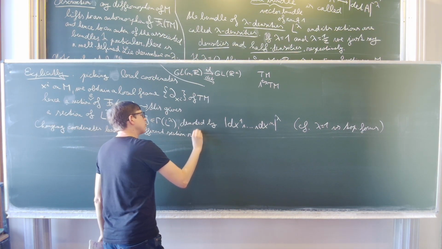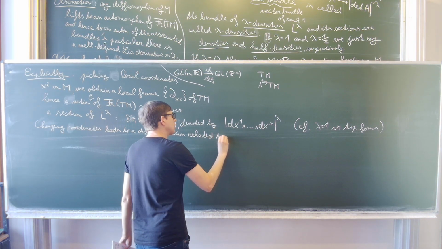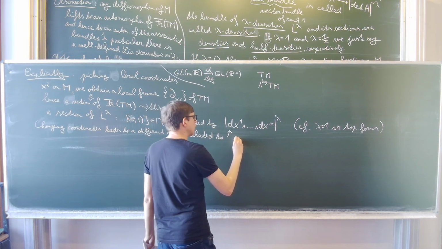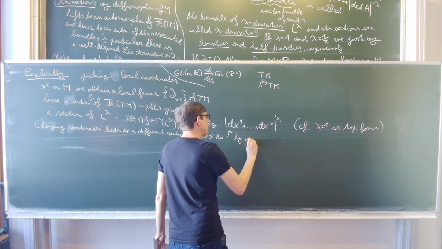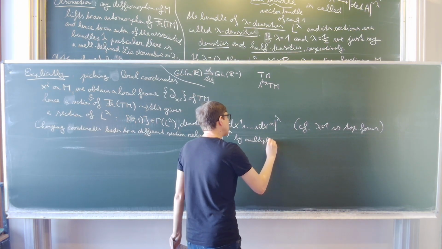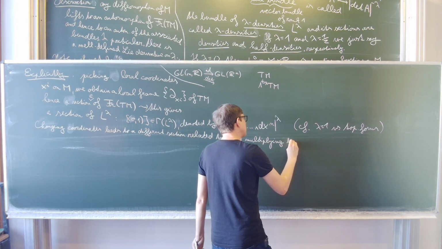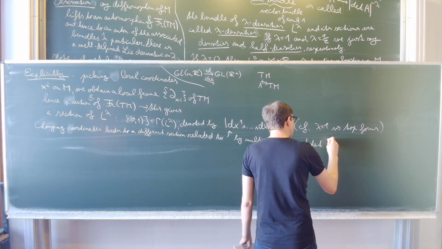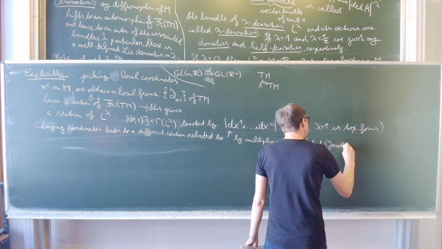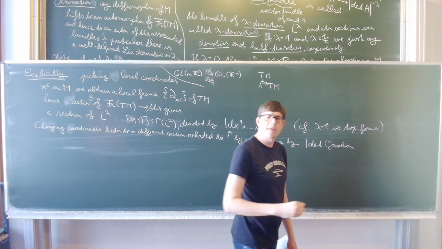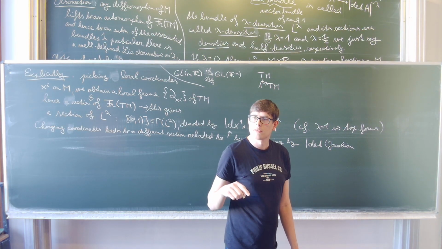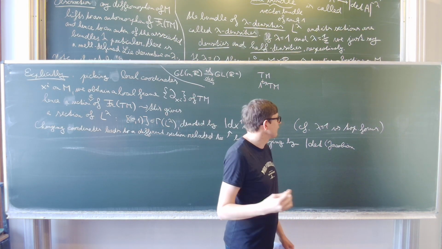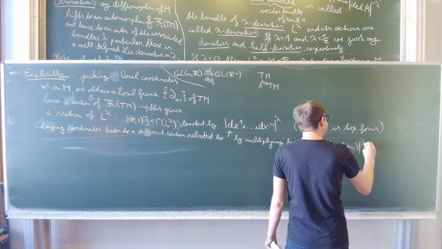But it will be related to the previous one by multiplying it by the determinant of the Jacobian. Wait, there is Jacobian determinant already. Jacobian, sorry, thank you. Yeah, okay.